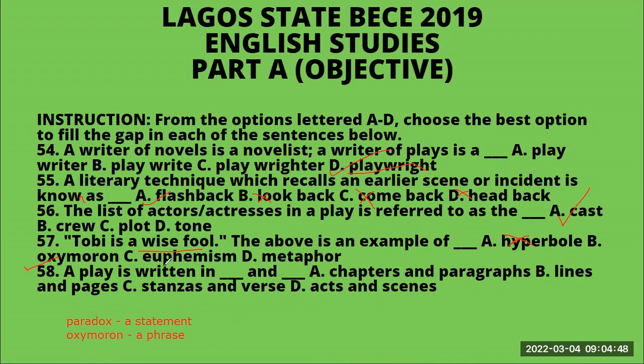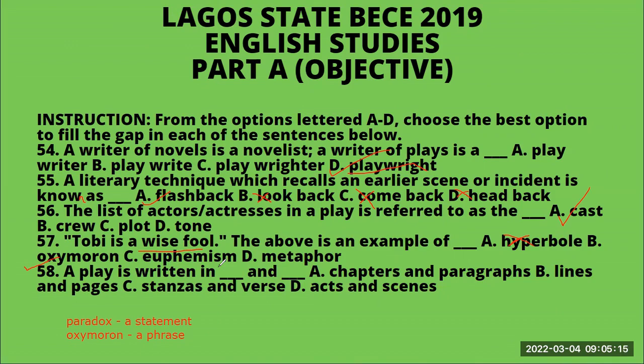Now, euphemism. No, euphemism is a polite way of expressing an unpleasant idea or reporting an unpleasant situation. For instance, if you want to say that someone has died without saying it in those exact words, you can say he has passed on. That is euphemism, all right?